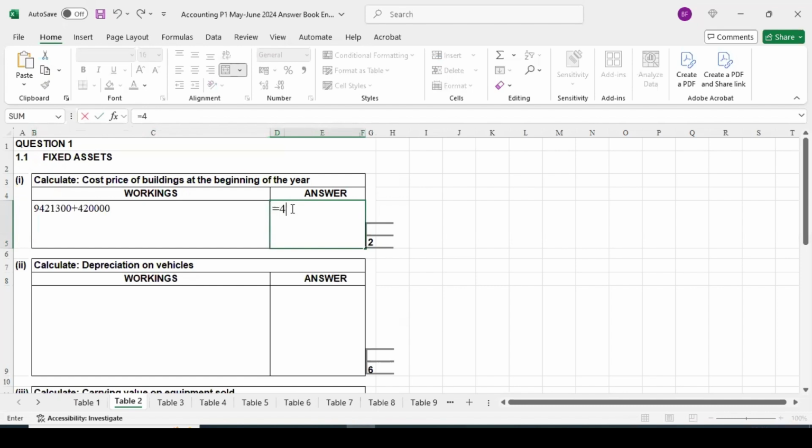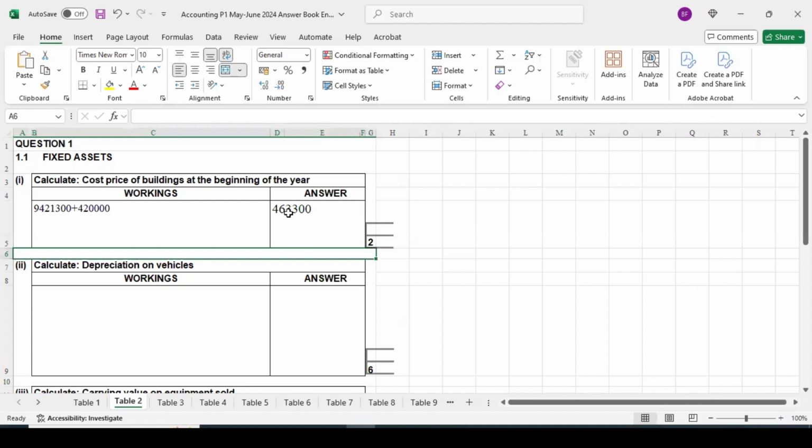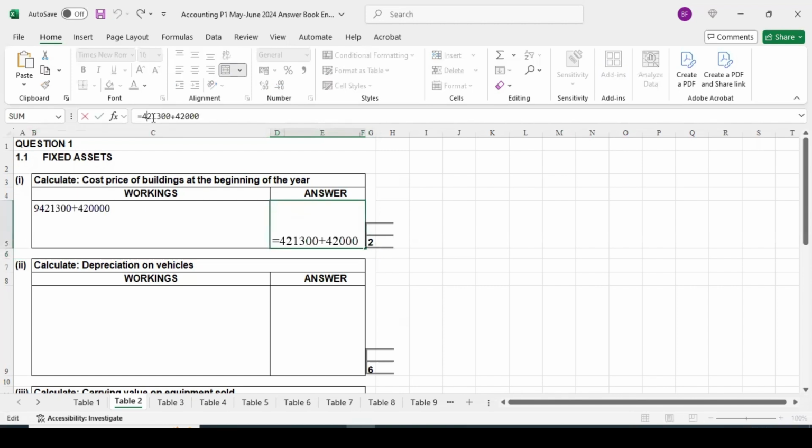It's 9,421,300 plus 420,000, which is giving us 9,463,300. So this is our cost price of buildings at the beginning of the year. This is the amount here.